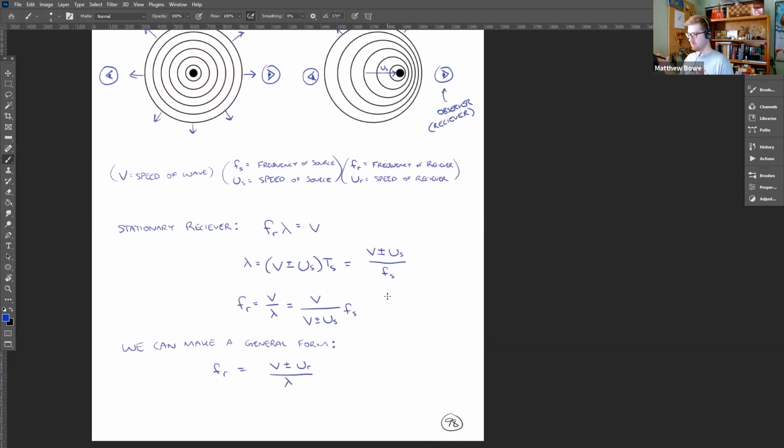And you imagine the actual wavelength. The receiver is the only thing that's changing in this case.